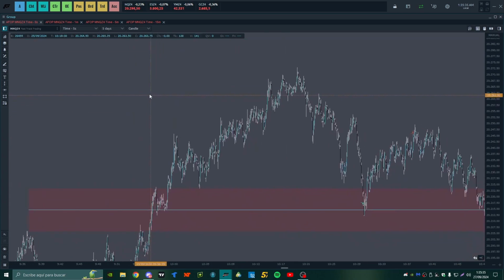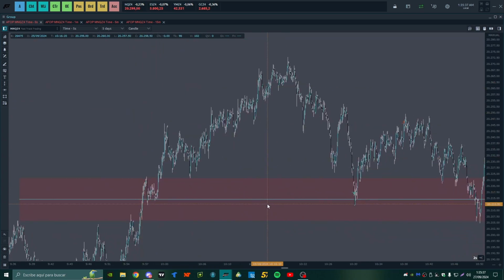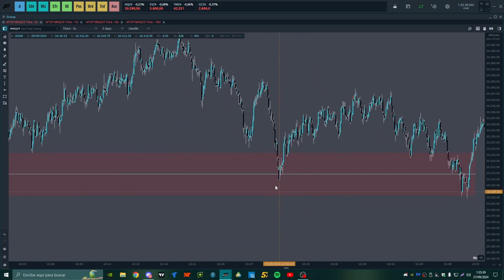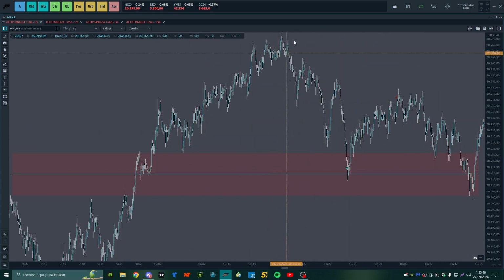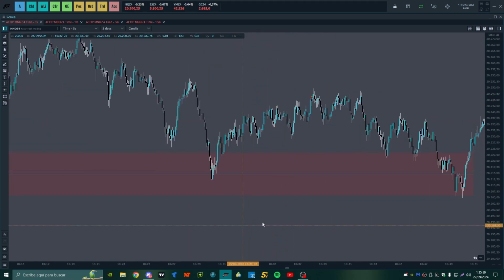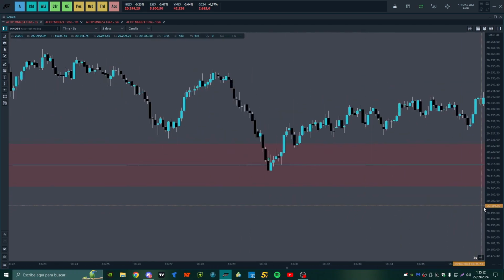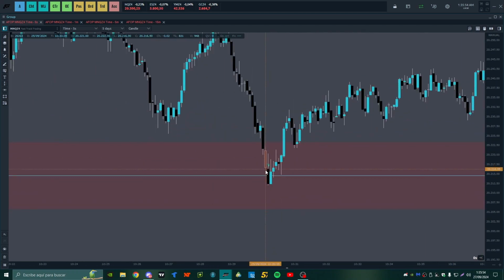So that's what I was waiting for. I could easily place a limit in the imbalance because I was really confident in the setup, but I let the price reach, let it reach, and this candle arrived.